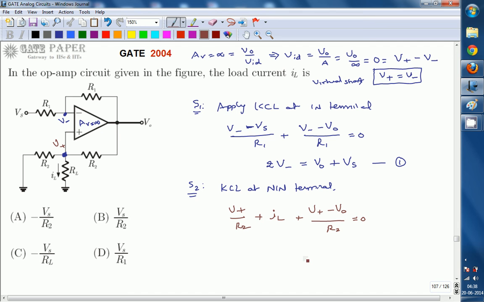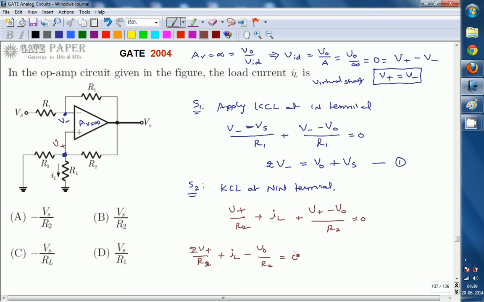Here V plus by R2 appears twice, so we can write 2 V plus by R2 plus IL minus V0 divided by R2 is equal to 0.